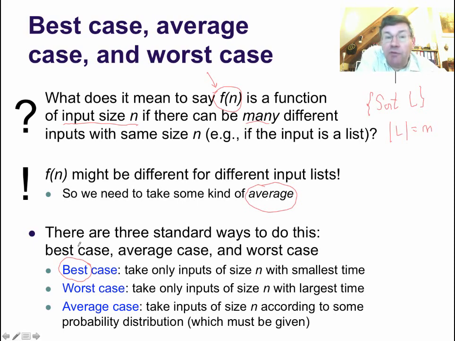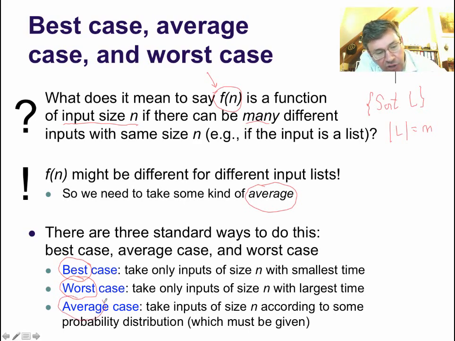In the sort function, they would give only sorted lists as input. And in the worst case, we would give examples where the sorting algorithm does as bad as possible. So in some implementations of quicksort, you can give lists that take n squared. So we'd give those lists.